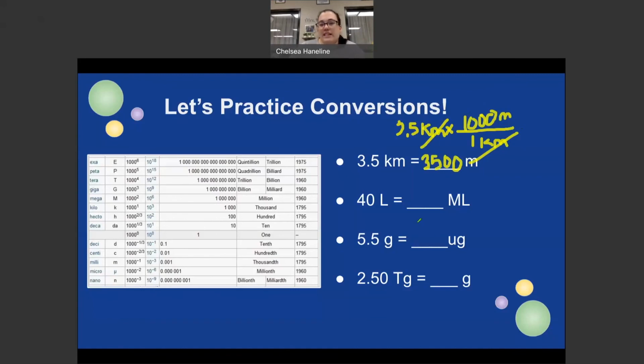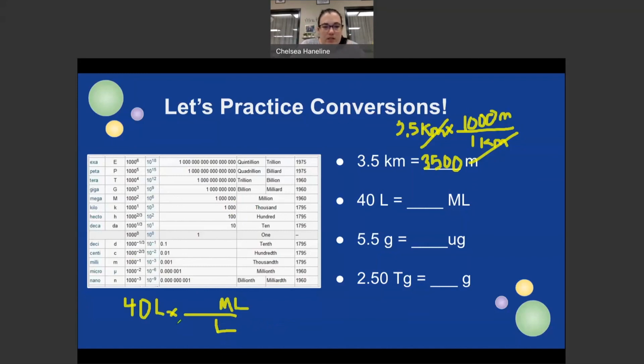Next is 40 liters is how many milliliters? So we start with 40 liters. We know that we need to cancel our liters, so that's going to be on the bottom, and we need megaliters on the top. Let's look for megaliters. We know that there are 1 million liters in a megaliter.